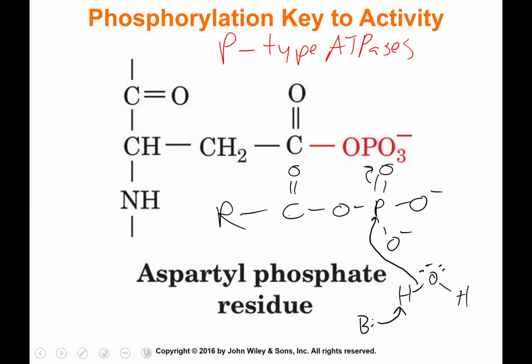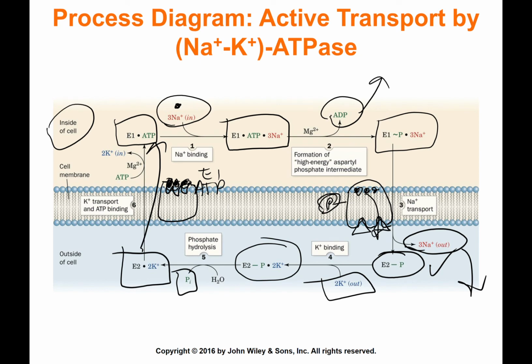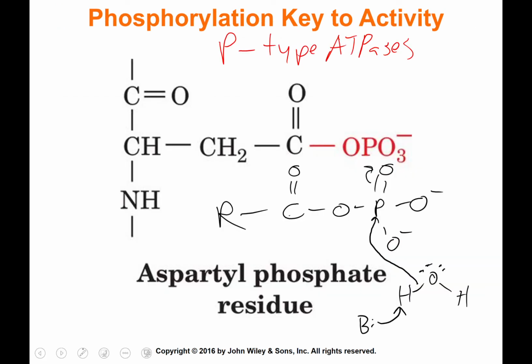Then in a second step, the electrons on the oxygen, that alkoxide, will collapse back down, and we can cleave off the phosphate. In the end, in this step, we would end up with the free aspartate residue and a free phosphate.